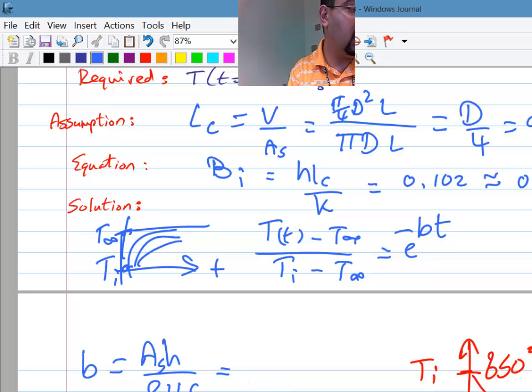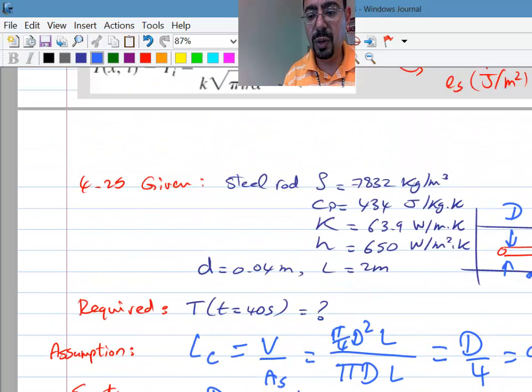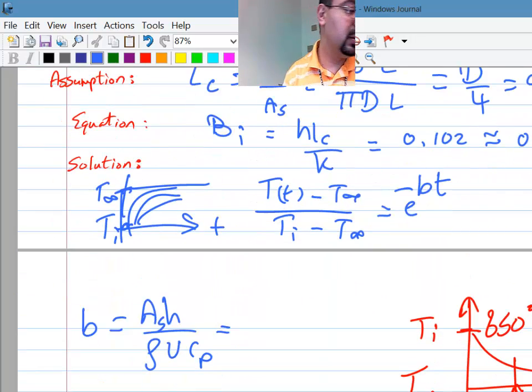You have the h, you have the area, you have the volume, you have the Cp. If you don't have the Cp, you just get it from the table for this particular material, but I think we were given the Cp. So the Cp for the steel was 434 joule per kilogram Kelvin, and so b becomes 0.019.